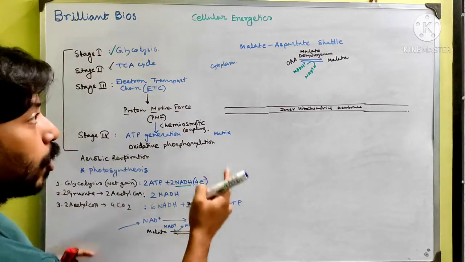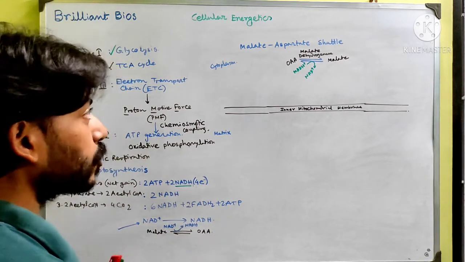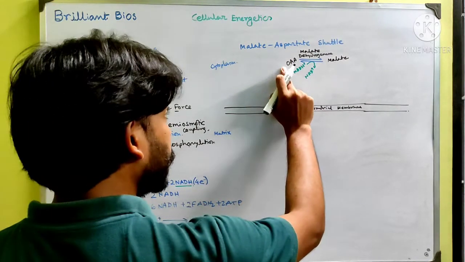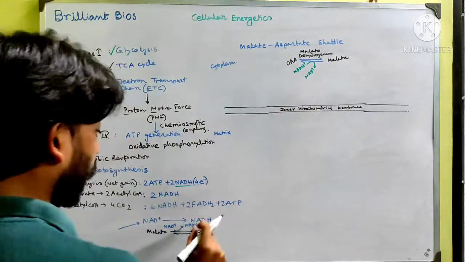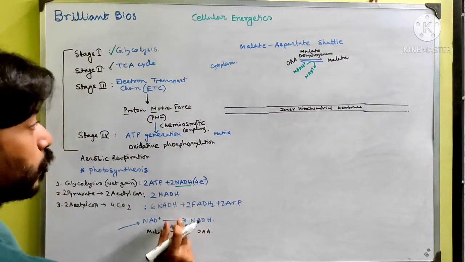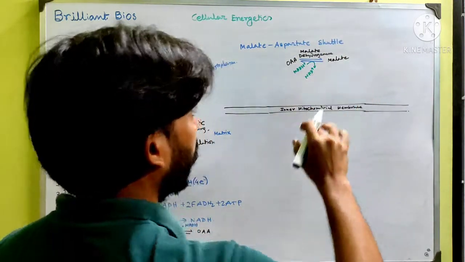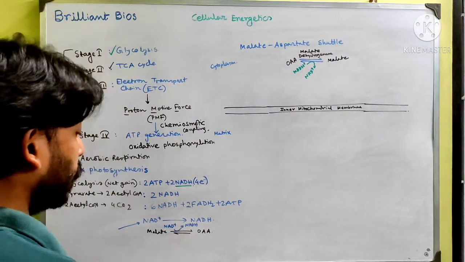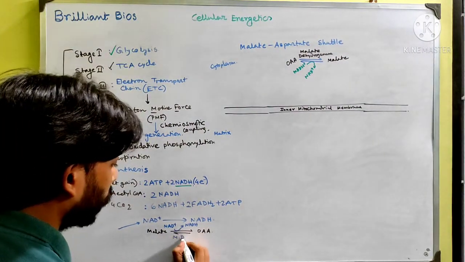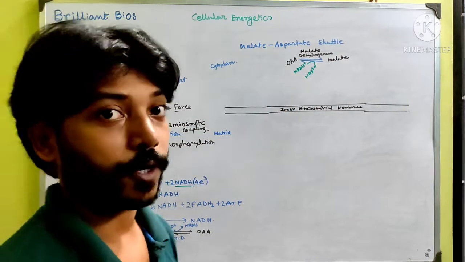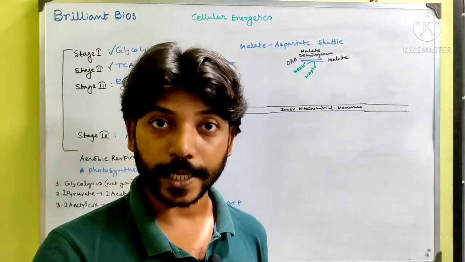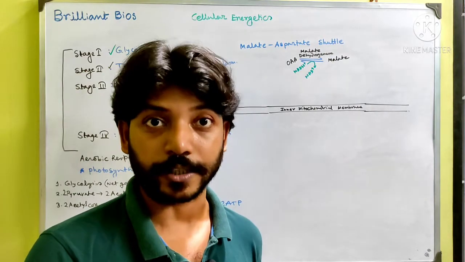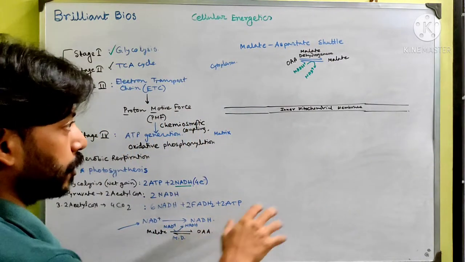Now you can see the opposite is happening, because in the cytoplasm oxaloacetic acid becomes malate, NADH is oxidized to NAD plus and releases the high energy electron and the hydrogen to the oxaloacetate. The same enzyme, malate dehydrogenase, performs the function here also. But this cytoplasmic malate dehydrogenase is a version of the matrix malate dehydrogenase.